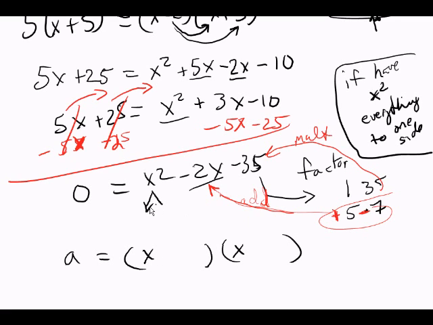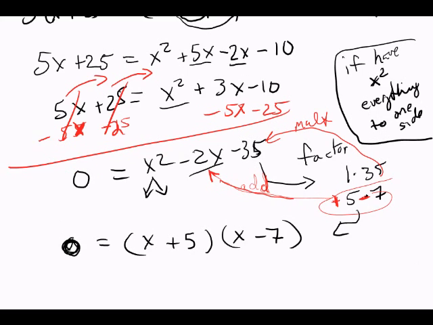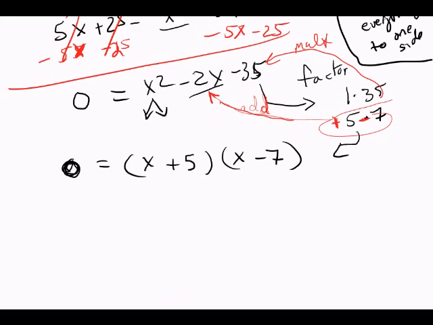Sorry, this pen's not working 100%. So we put this in our factored form. The x and the x in the first spot, and then we use our pair. A plus 5, it doesn't matter which one goes first, and a minus 7, just as long as the 5 is the positive and the 7 is the minus.